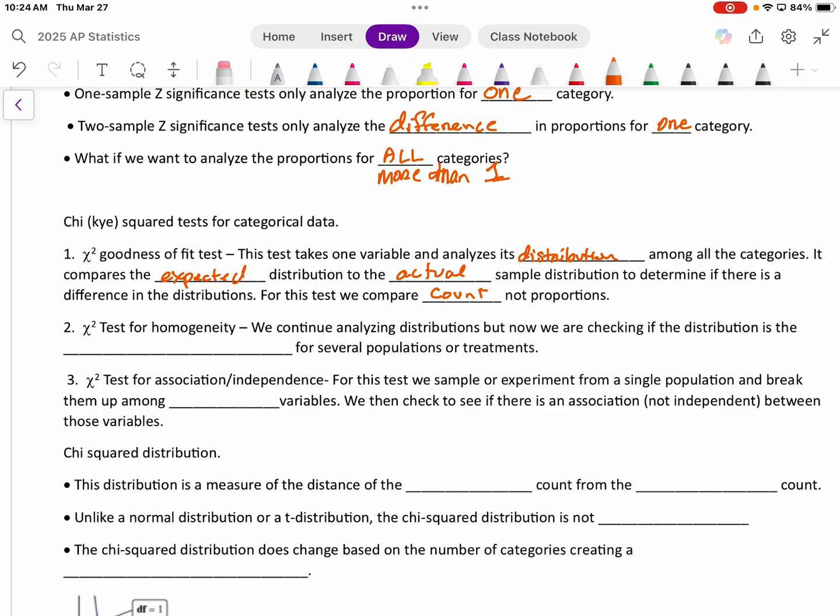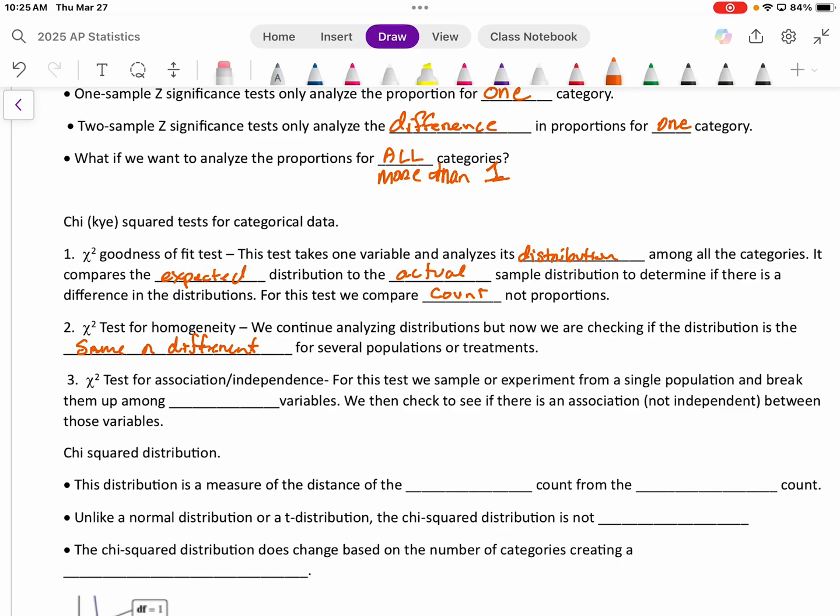A chi-squared test for homogeneity: we analyze distributions, but now we are checking if the distributions are the same or different. Again, this is more for tomorrow's lesson, for several populations or treatments.